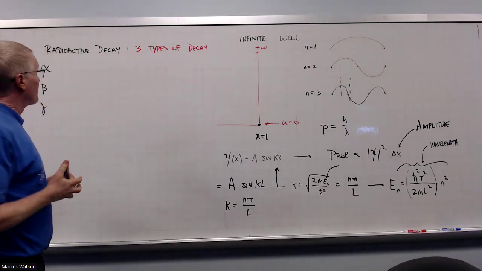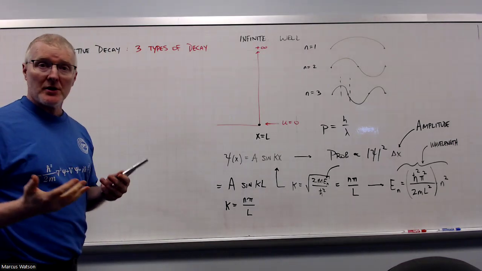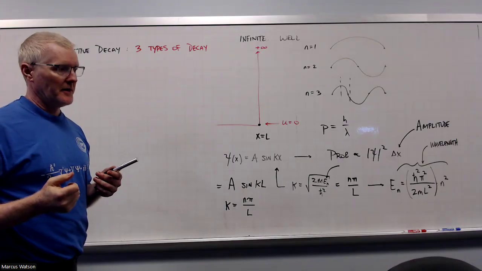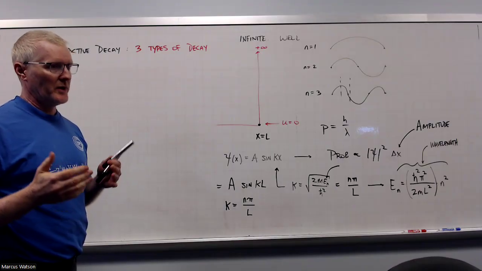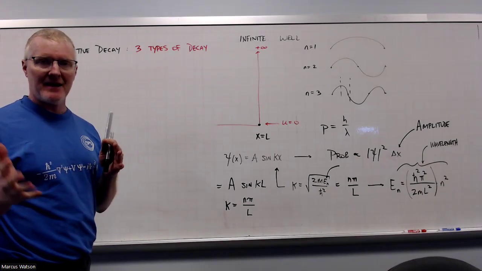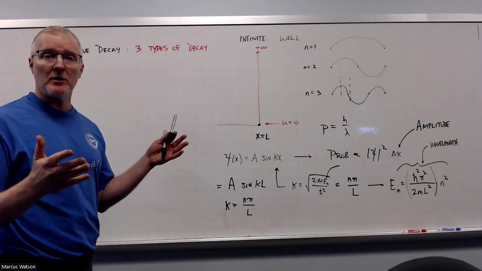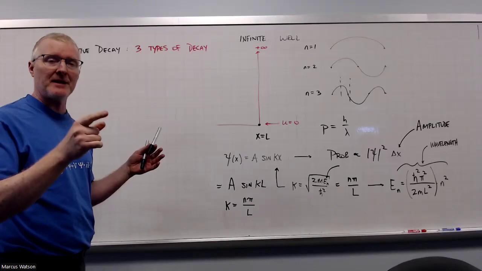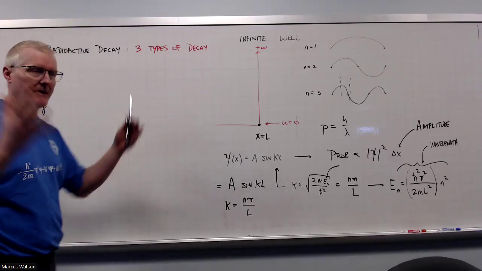And I'm going to just tell you what these are, so that when we say something's decaying via this mode, then you know how to look at the periodic table and go, oh, well, what's happening is this.